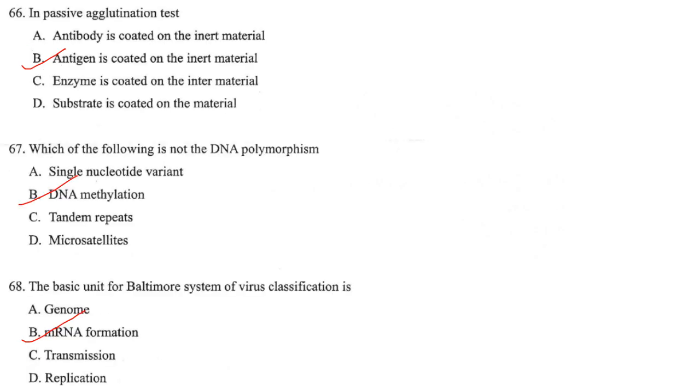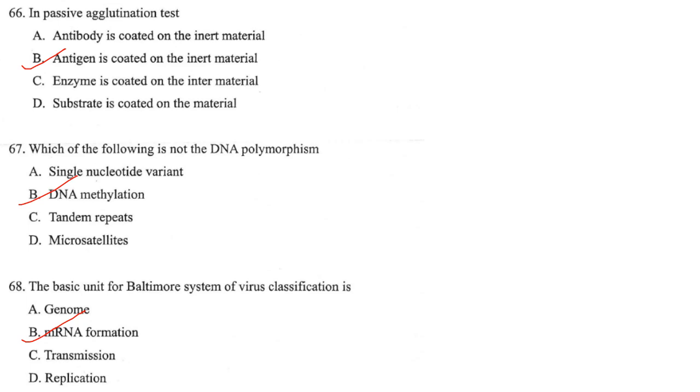Then next one. In passive agglutination test, antigen is coated on the inert material. Answer is option B. Which of the following is not the DNA polymorphism? So what is DNA polymorphism? It is presence of two or more variant forms of a specific DNA sequence in different individuals in a population.